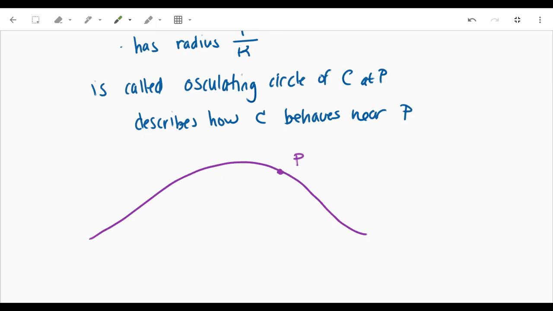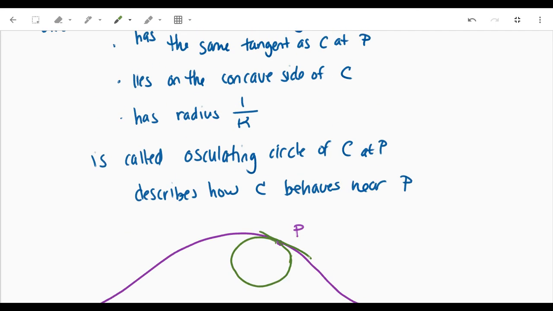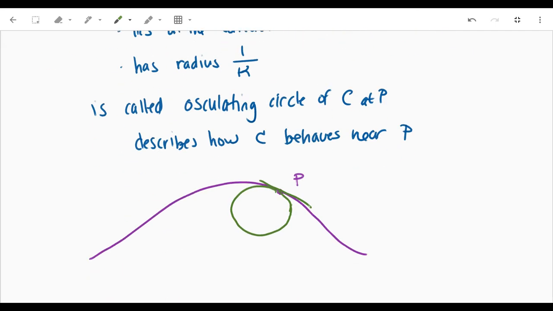The tangent here has to match the tangent of the circle. It's on the concave side, and the radius here would be 1 over K. So that's your osculating circle. The osculating circle will get smaller depending on the curvature. So there you go, all that terminology for that. And that is it for chapter 10.